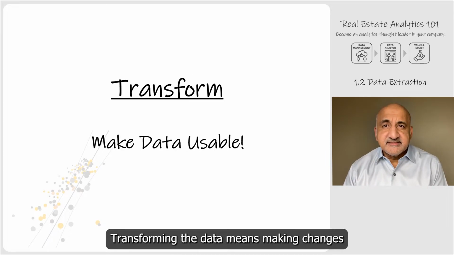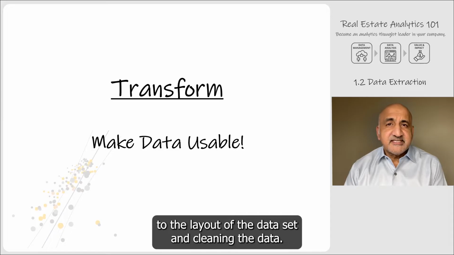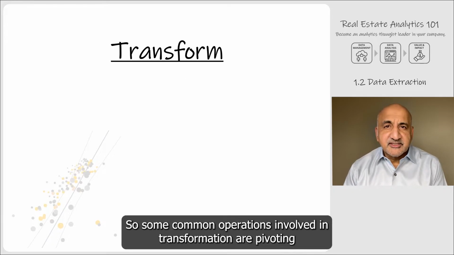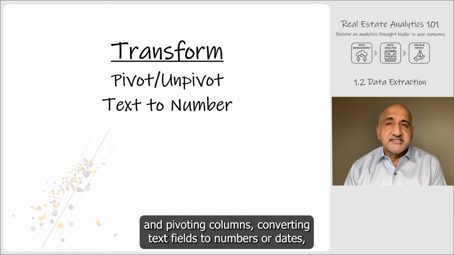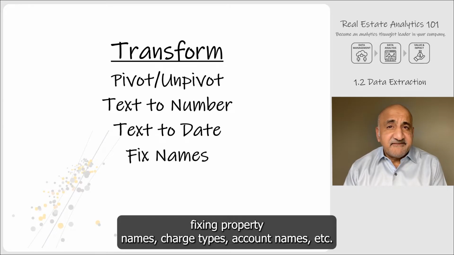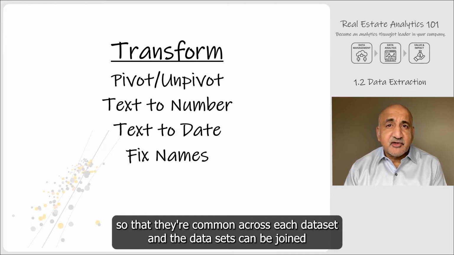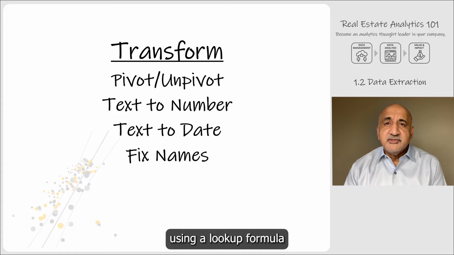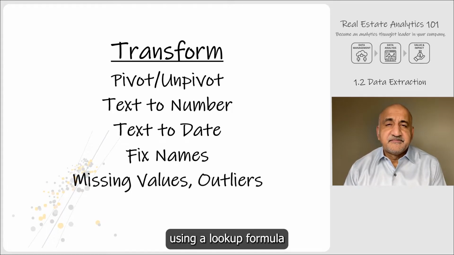Transforming the data means making changes to the layout of the data set and cleaning the data. So some common operations involved in transformation are pivoting and unpivoting columns, converting text fields to numbers or dates, fixing property names, charge types, account names, etc., so that they're common across each data set, and the data sets can be joined using a lookup formula.